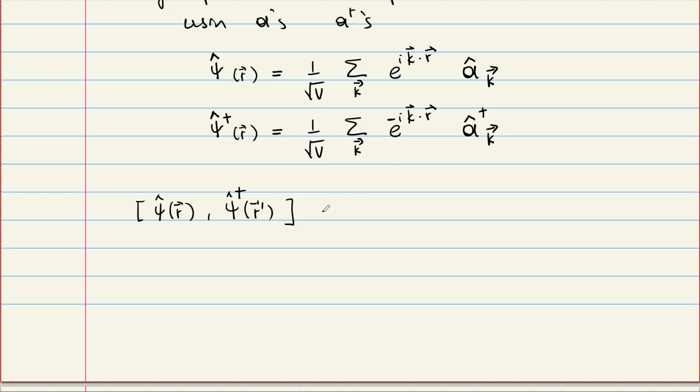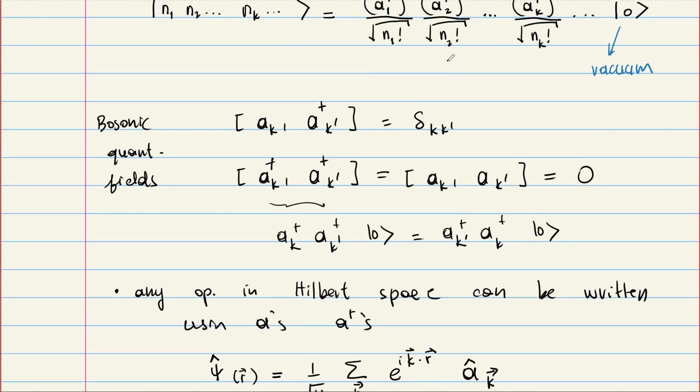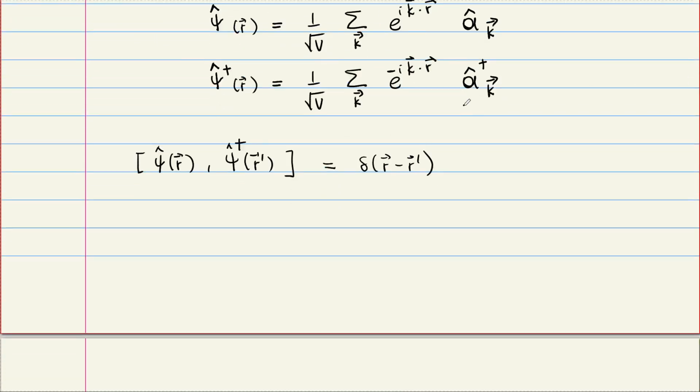If you carry out the calculation, this is delta of r minus r prime. Does anybody want me to show this? It is pretty straightforward, but if you feel uneasy, I can do that. So this is exactly like the commutation relation, but in real space, and all the others are again 0. If you have two psi's, or two psi daggers, they are all 0.